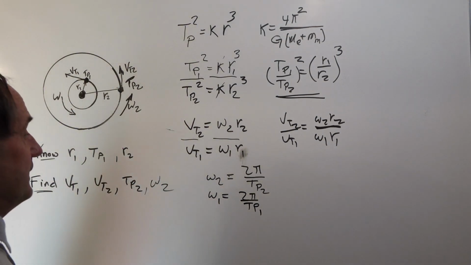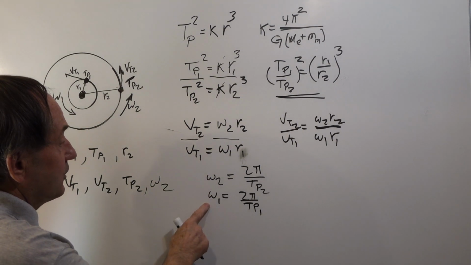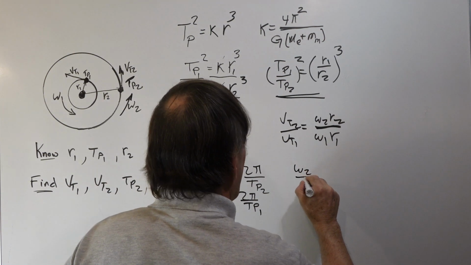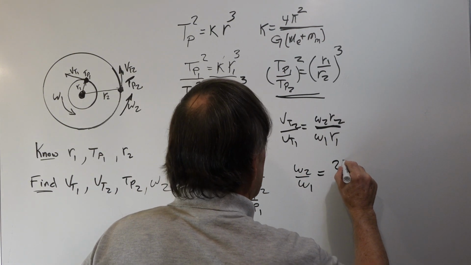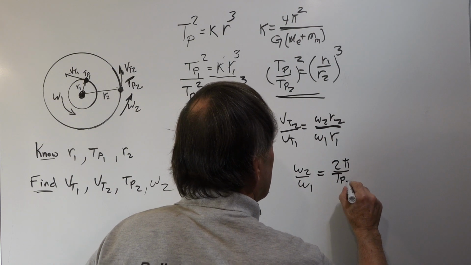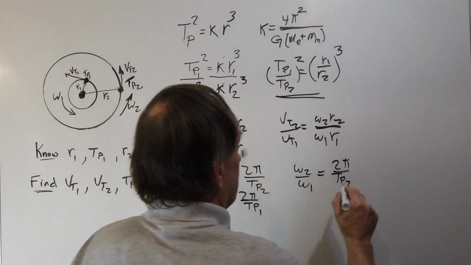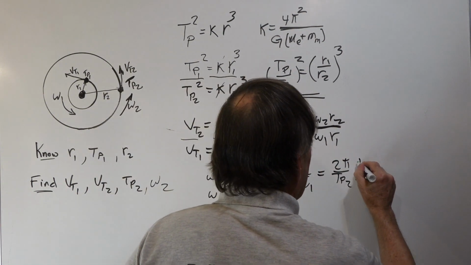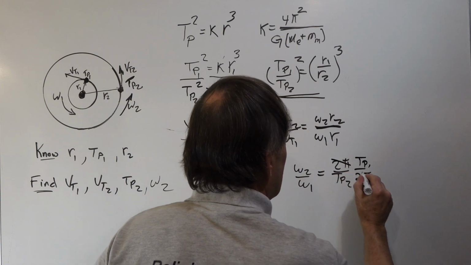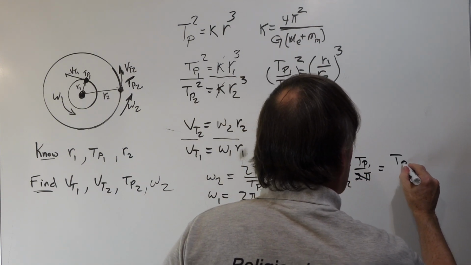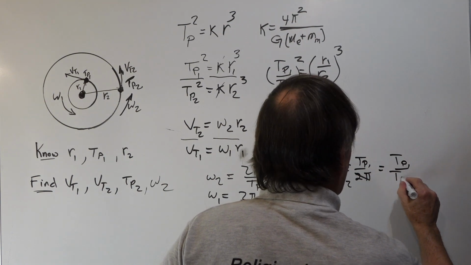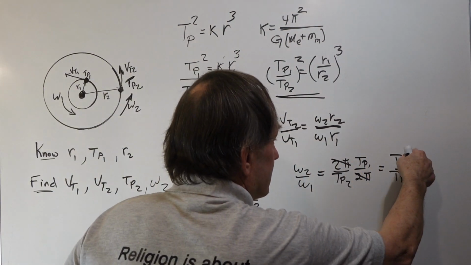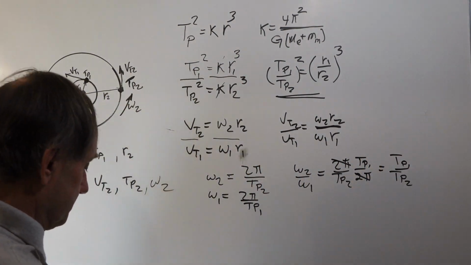Now we can ratio these two equations, so we get omega 2 over omega 1 is equal to 2 pi over the period divided by 2 pi, and I can bring the TP1 up onto the numerator. The 2 pi's cancel, and so the ratio of the angular velocities is equal to the inverse of the orbital periods.